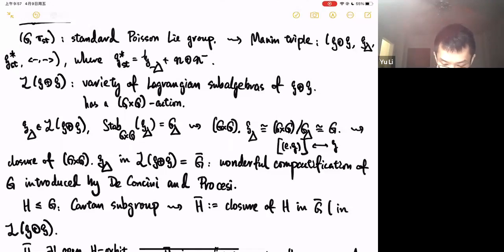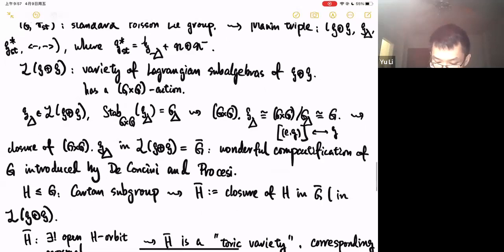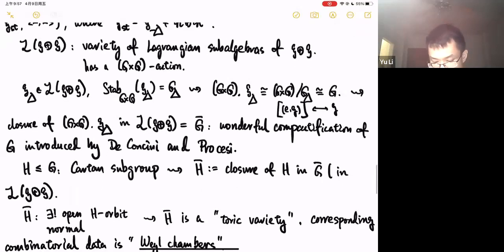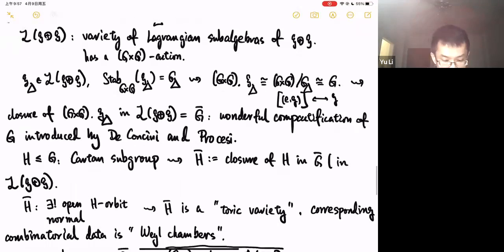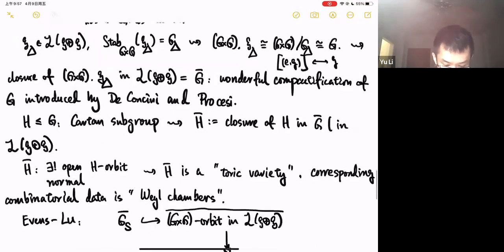So you can identify the orbit through g delta of the Drinfeld double group with G cross G modulo G delta, which I identify with G via the map g goes to (e, g). Then one can verify that the closure of this orbit inside the variety of Lagrangian subalgebras is the De Concini-Procesi wonderful compactification of G. So it is completely analogous to our definition and this usual construction of the De Concini-Procesi compactification G bar of G.